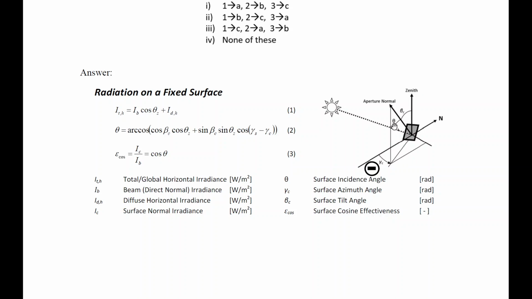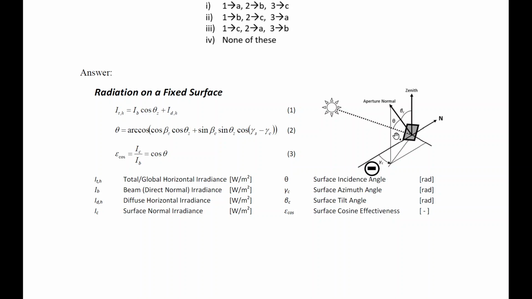If you see this zenith, this perpendicular to the surface, the angle between the zenith and the aperture is the surface tilt angle. So this is the tilting angle. Theta is again the surface incidence angle, because this directly indicates the incidence, and this is the aperture normal.